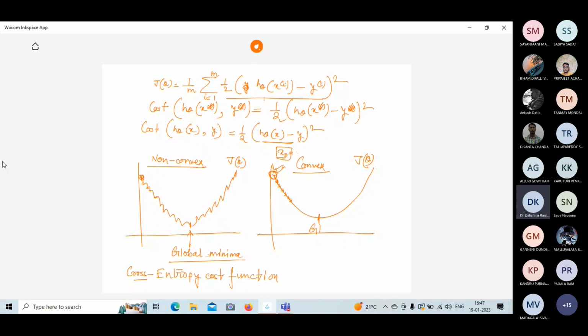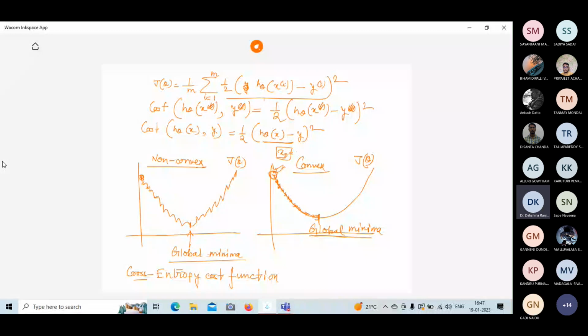Then with this shorter distance we can approach this global minima. This function will converge at some point which is called the global minima.